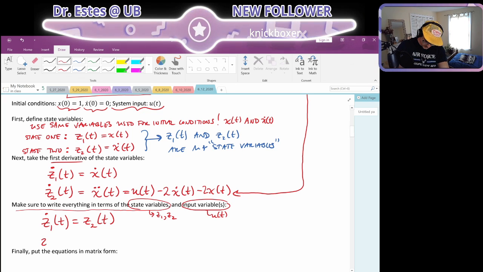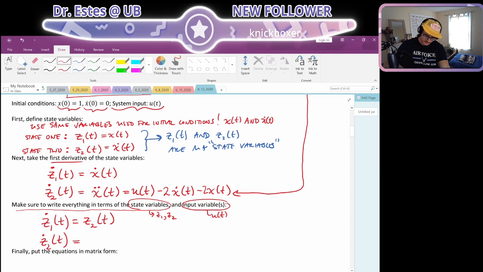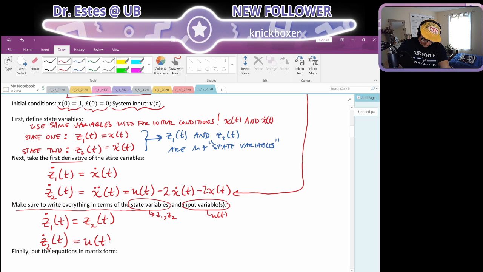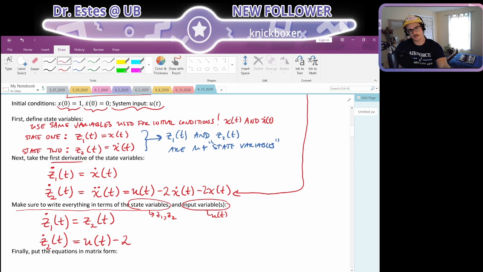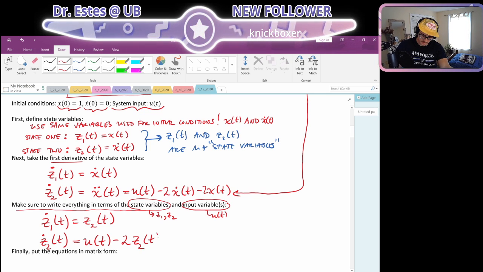So now I'm going to do the same thing with z2 dot. It's equal to u of t, which is an input variable, so that's okay if I leave that as it is. Now I have minus 2x dot, but x dot, in terms of a state, is z2.